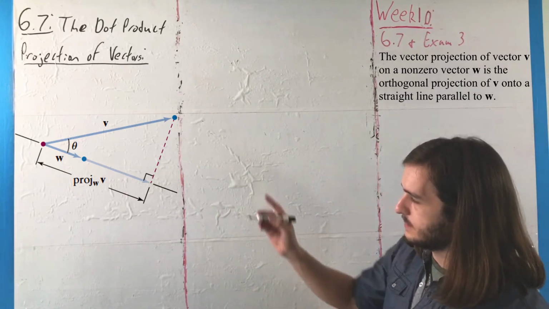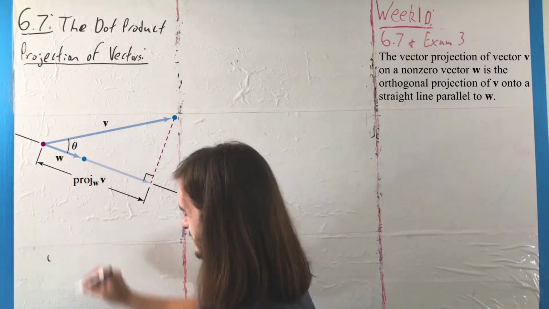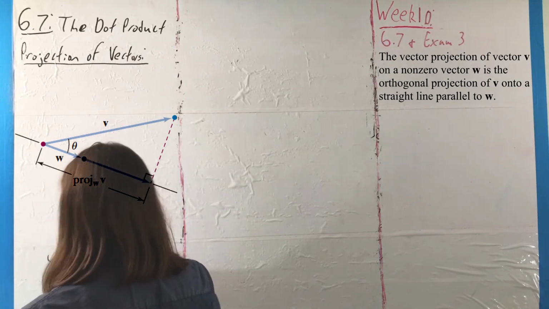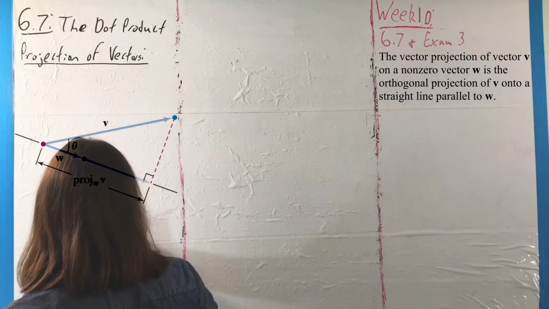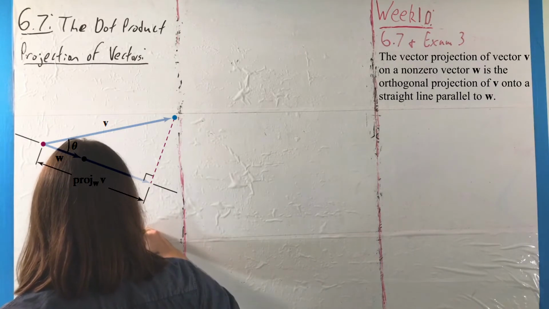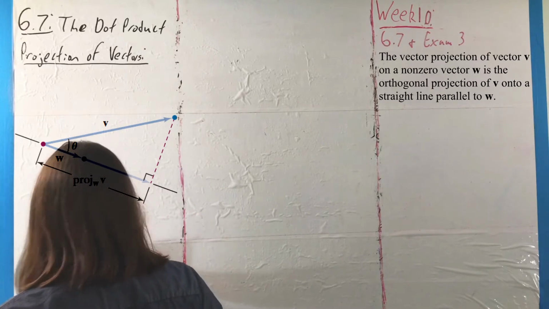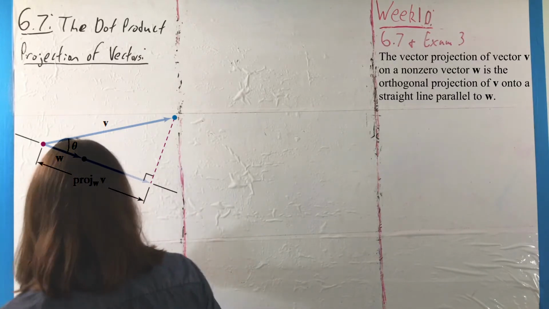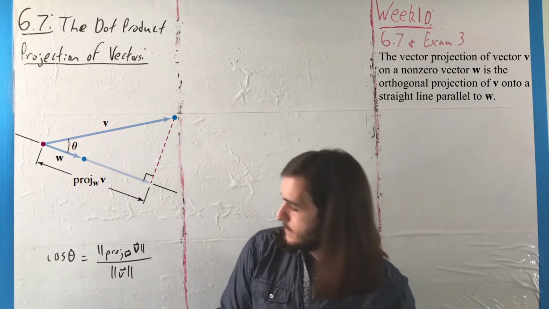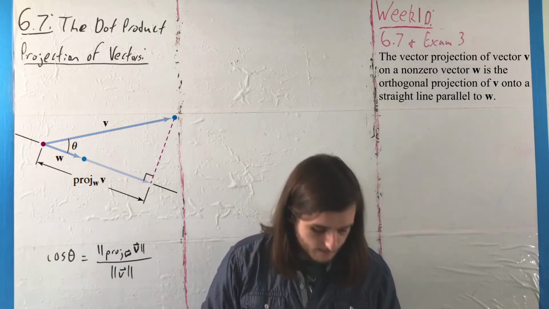And we will have that the angle in the middle there, theta, is such that cosine of that angle theta is going to be equal to the magnitude of the projection divided by the magnitude of V. That is, it's going to be adjacent, the projection, over hypotenuse, the magnitude of our vector V.